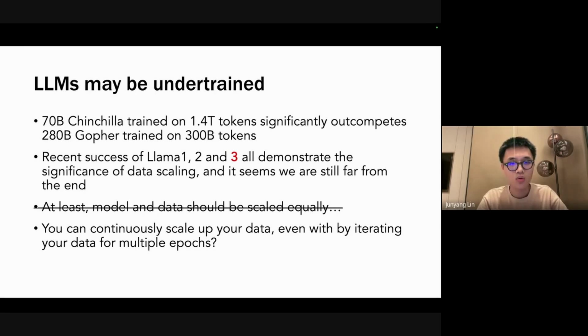One thing you need to notice is that most of the LLMs may be under-trained. GPT-3 is a very large dense model, but it is only trained on 300 billion tokens. People are talking about the Chinchilla law, but I think the success of Llama 1, 2, 3 demonstrated the significance of data scaling.